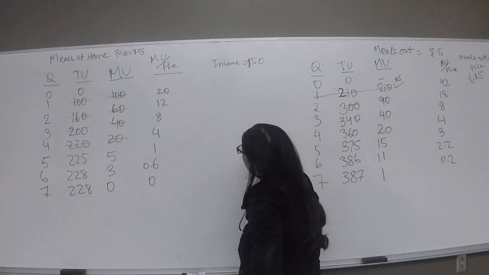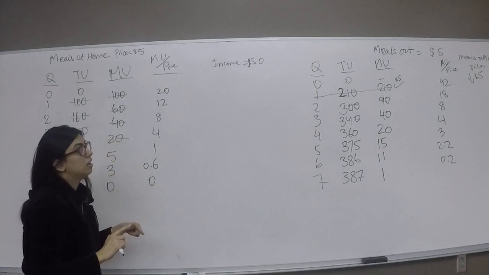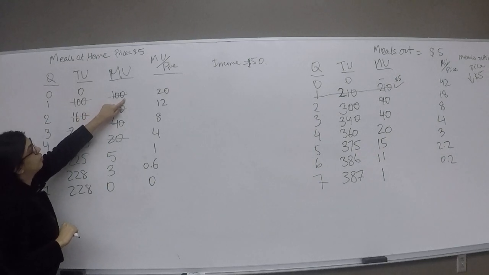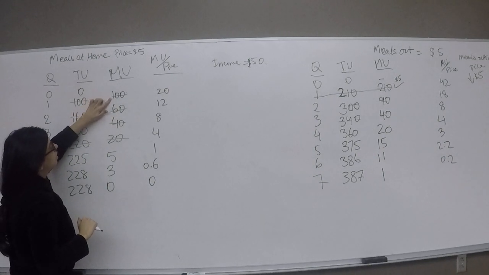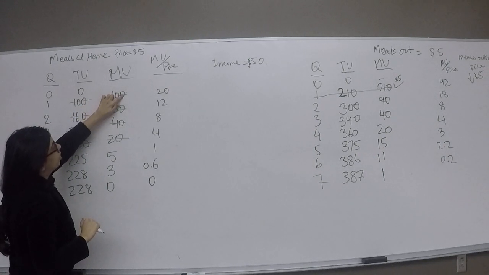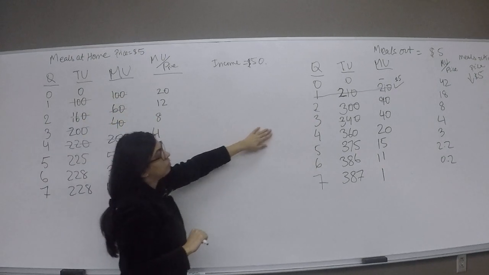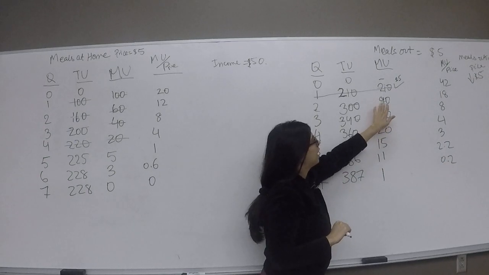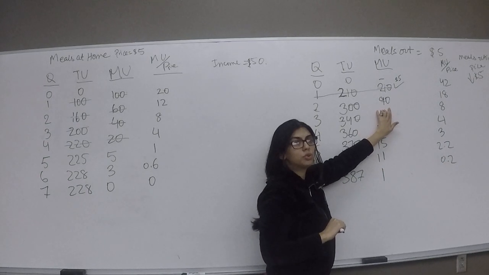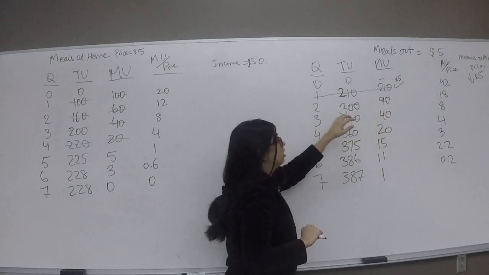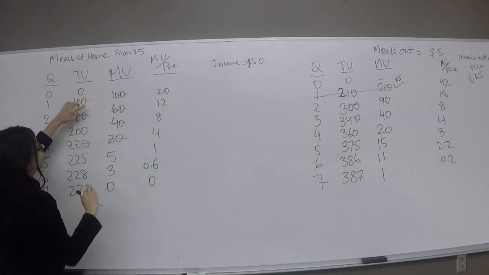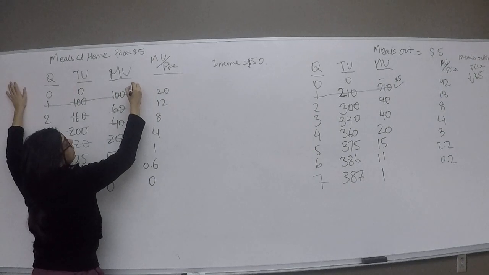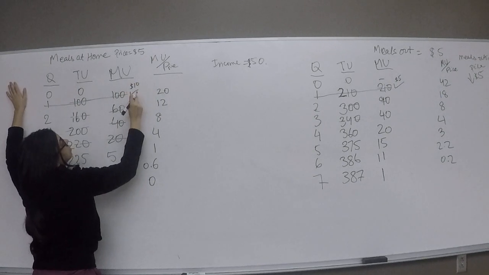Now, for the second meal, you have the option to eat at home, which gives you 100 utility, and you have the option to eat out for your second meal, which gives you 90 marginal utility. So which one are you going to consume? At home. The first one at home, you will consume that, and you are at $10 now.